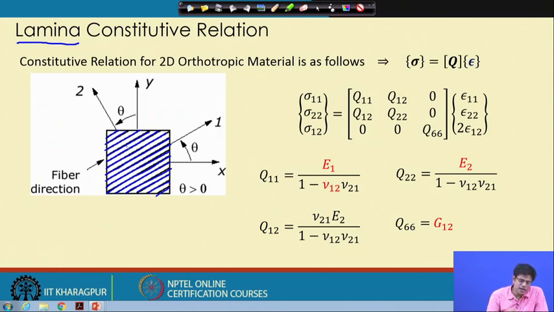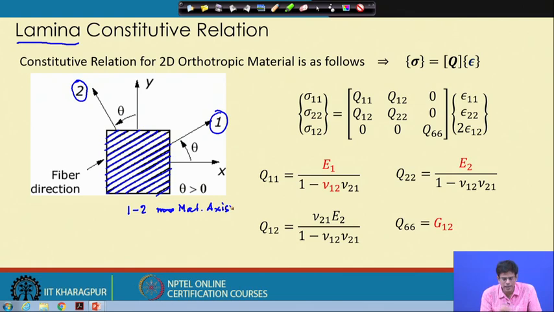So, these fiber directions are along this. This direction is the 1, 2 direction, and it is the material axis. Now our loading axis or the structural axis is the xy direction.